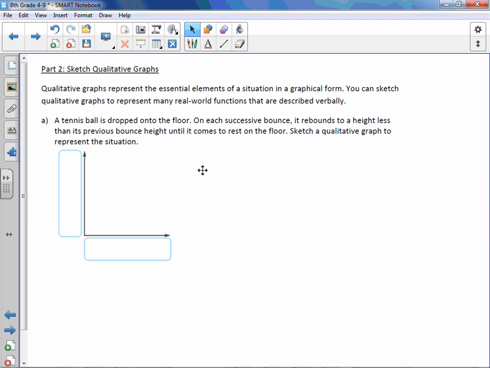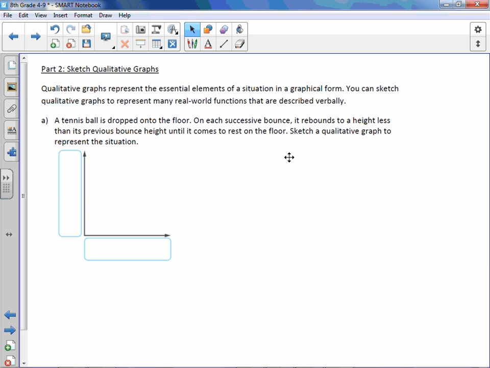Sketch qualitative graphs. Qualitative graphs represent the essential elements of a situation in a graphical form. You can sketch qualitative graphs to represent many real-world functions that are described verbally. So letter A, a tennis ball is dropped onto the floor. I want you to imagine dropping a tennis ball onto the floor, not throwing it, not tossing it in the air, simply dropping it.